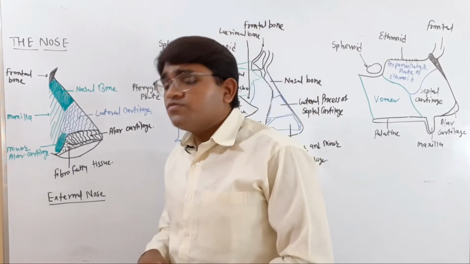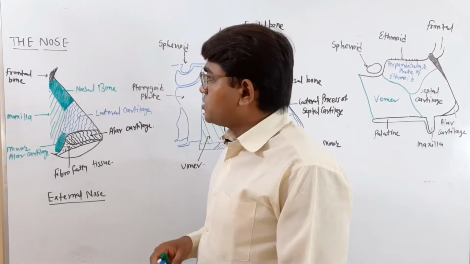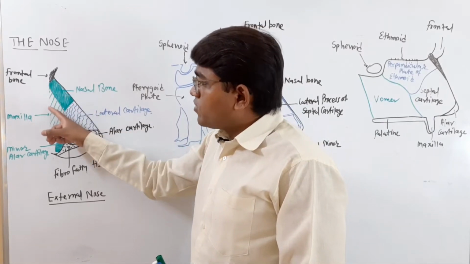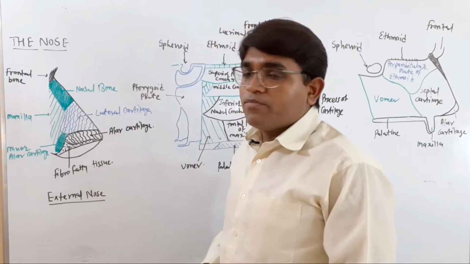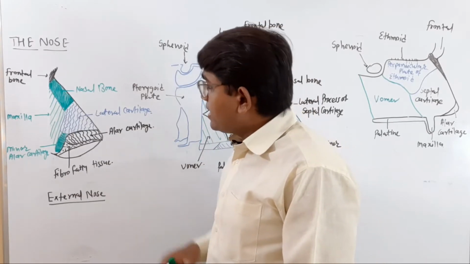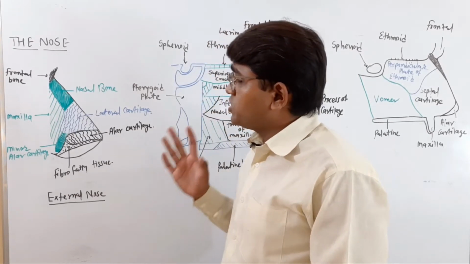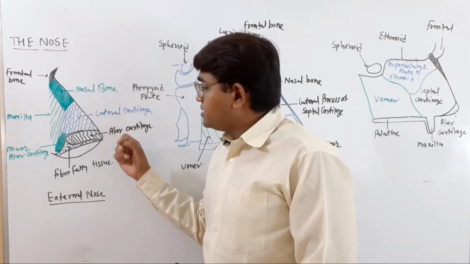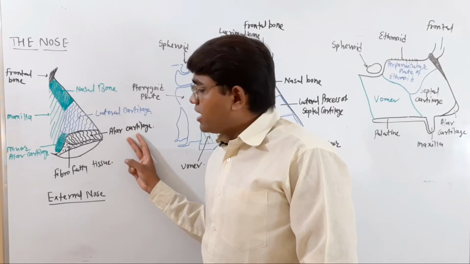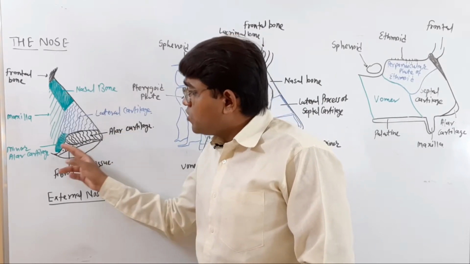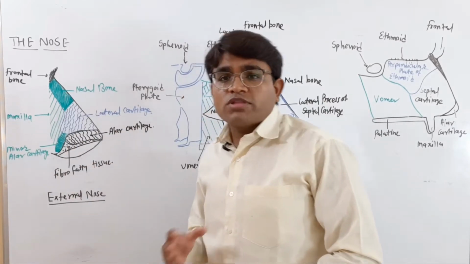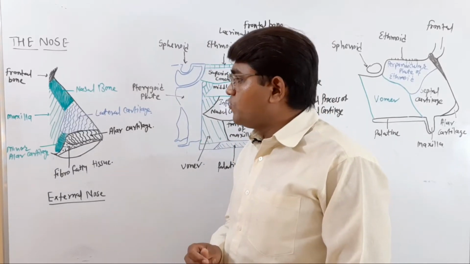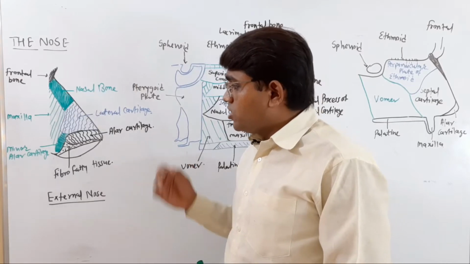The main bones participating in the formation of the nose are the nasal bone and the frontal process of the maxilla bone, whereas the cartilages participating are the upper two lateral cartilages, the lower two alar cartilages, and about 3 to 4 minor alar cartilages.